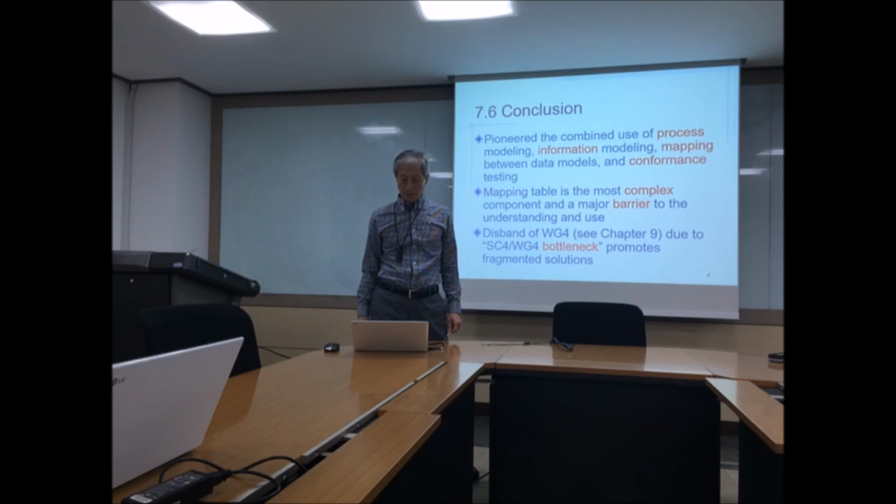Right. Around 2000, they disbanded working group 4. So now there is no working group 4. We have a working group 2, but working group 2 is not active anymore. Working group 3 also changed its role from the previous role, so they only focus on the oil and gas industry now. There's no working group 4, no working group 5, no 6, 7.